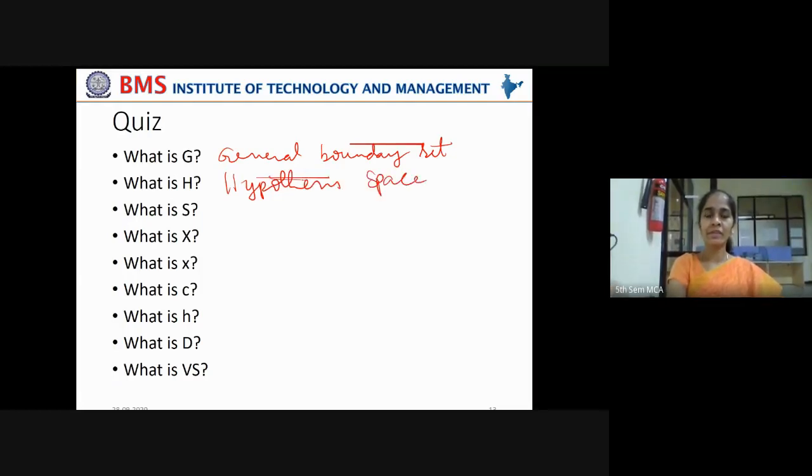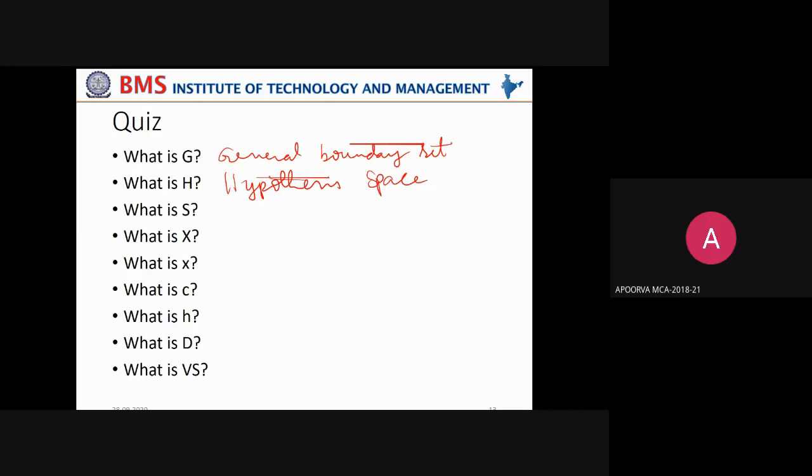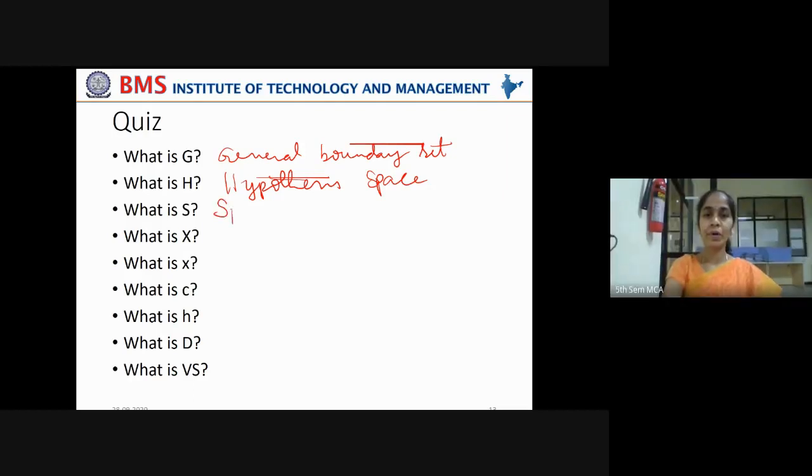Okay, what is S? Students, what is S? When you are able to tell what is G, S is also similar to that, right? What is S? Specific boundary. Yes, specific boundary set, meaning it should contain all the specific hypotheses.